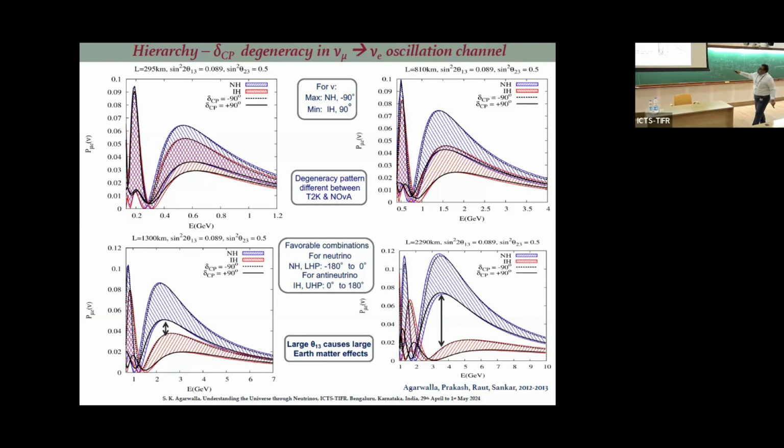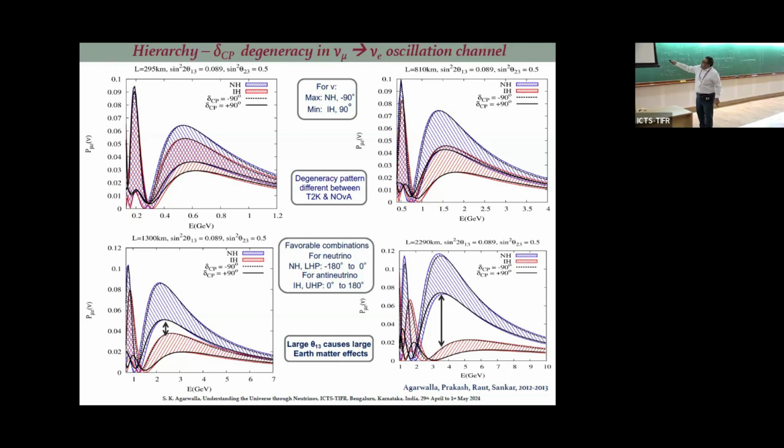So try to plot these probabilities. I will not go into detail. These are the nu mu to nu e oscillation probabilities for different baselines: 295, then 810, 1300, 2300. The upper band is for normal ordering, the lower one is for inverted ordering, and the band is for the unknown delta CP.